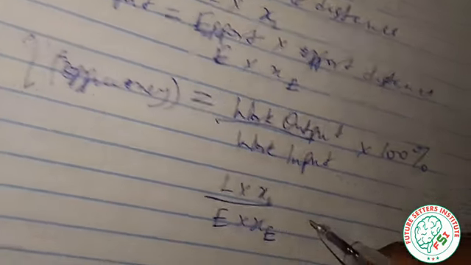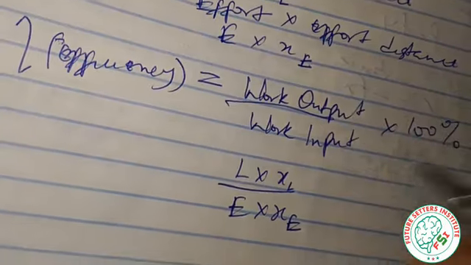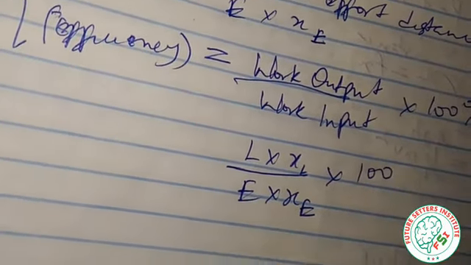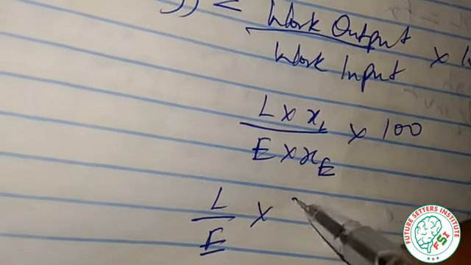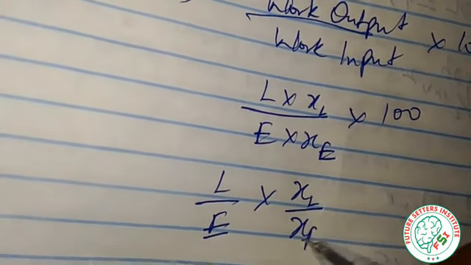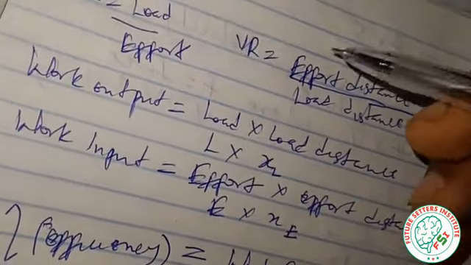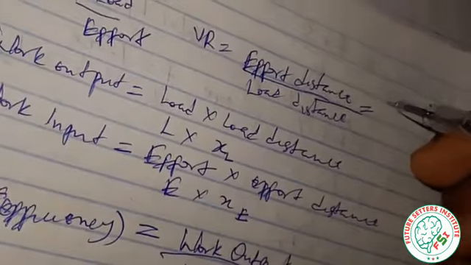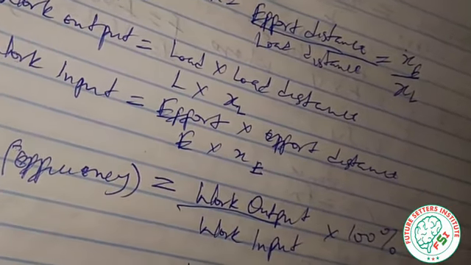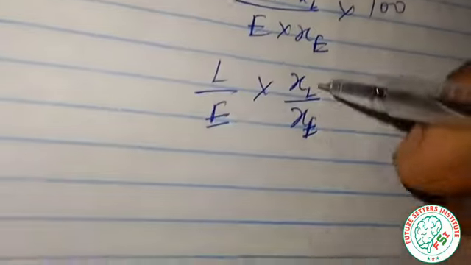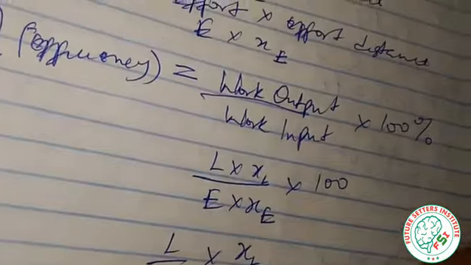Now if you observe very well, we have something different here, times 100. We know that load over effort is my mechanical advantage, but what we have here is XL over XE. Remember that velocity ratio is XE over XL, so XL over XE is 1 over velocity ratio.